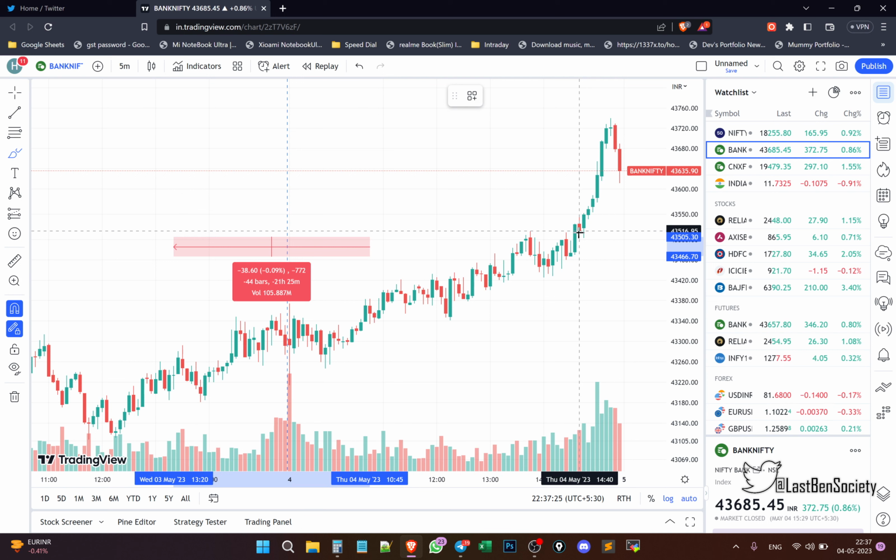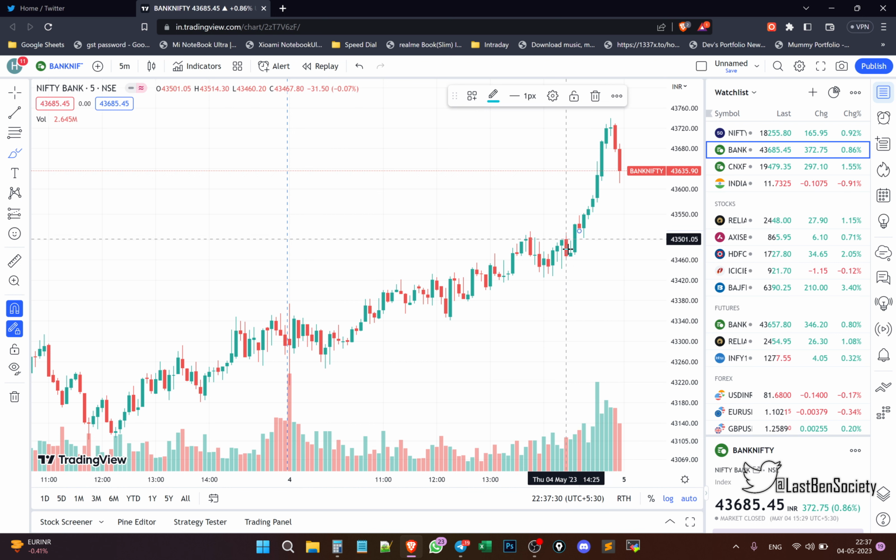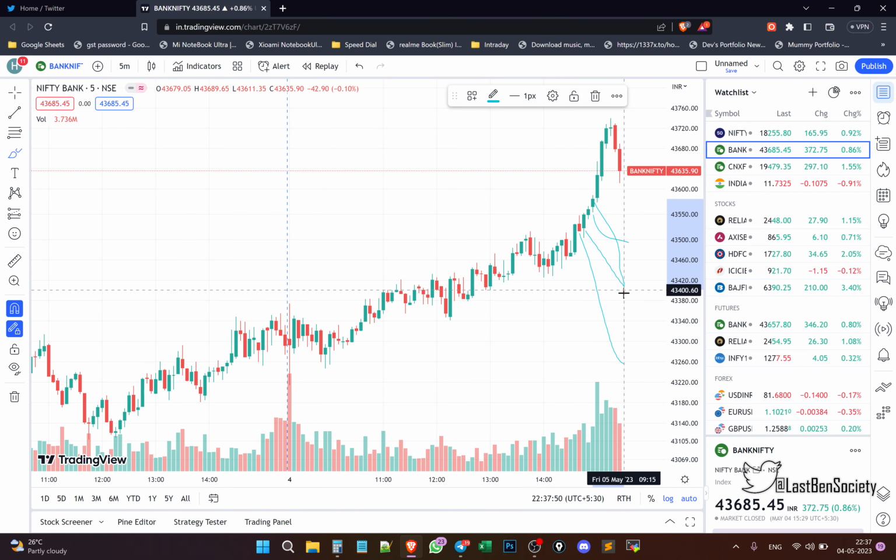Now I'll discuss in which conditions I would have made money. If the market had simply fallen down something like this, I would have made money here. Or if the market had taken this route, going sideways, then rising till here and then falling somewhere here, I would have made money in all these cases, or of course in sideways or even slightly up.